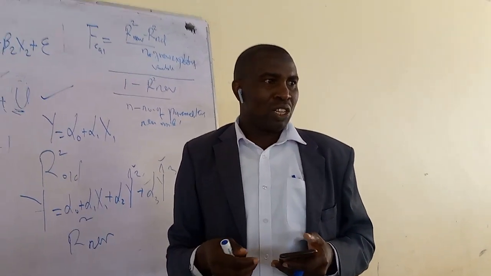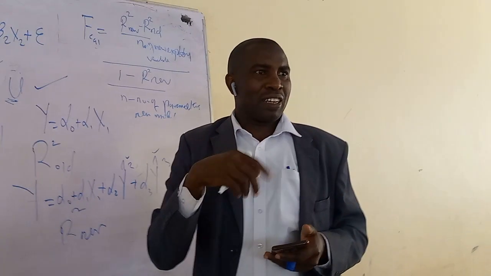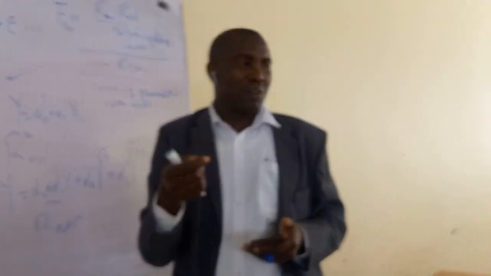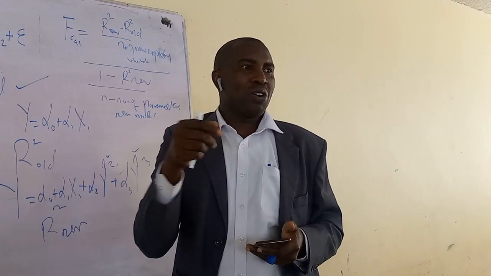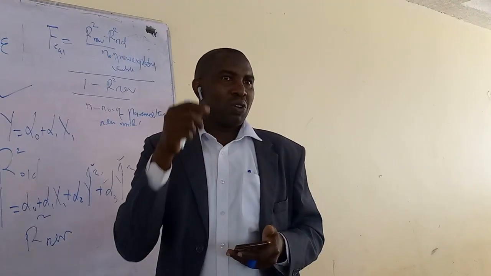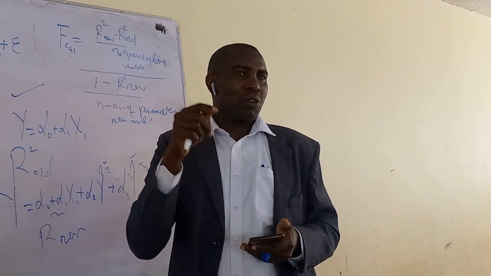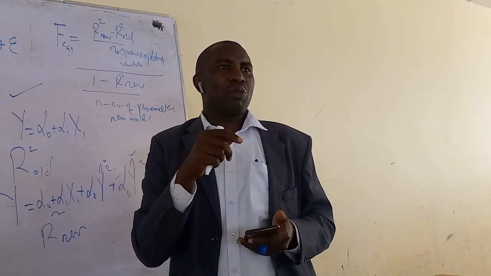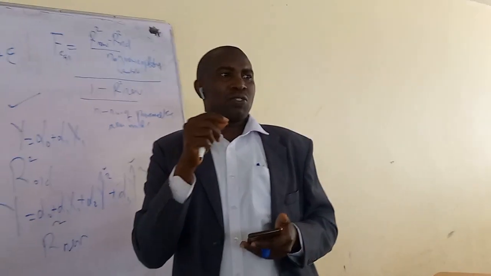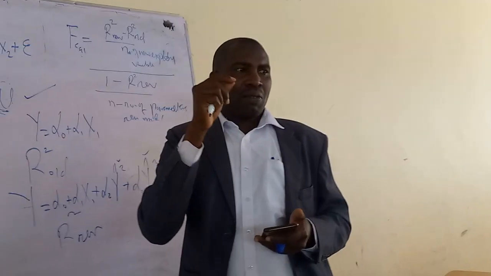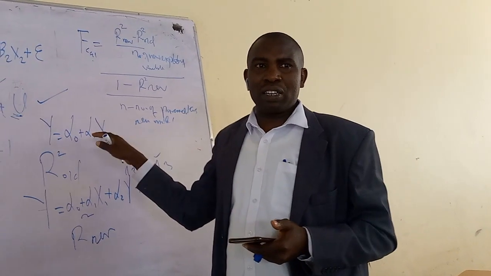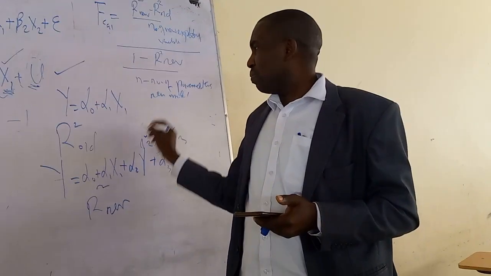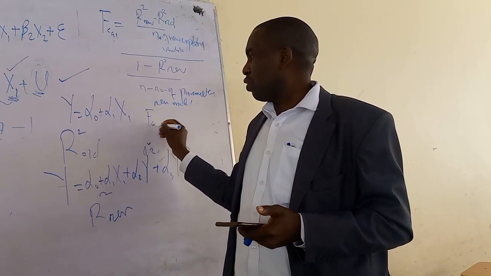Since we are thinking that we have omitted a certain variable, the null hypothesis for this test is that there is no variable omitted. The alternative hypothesis is that there is a variable omitted.